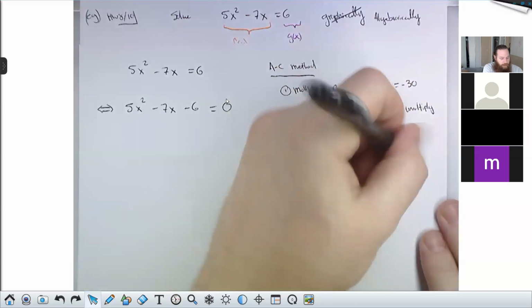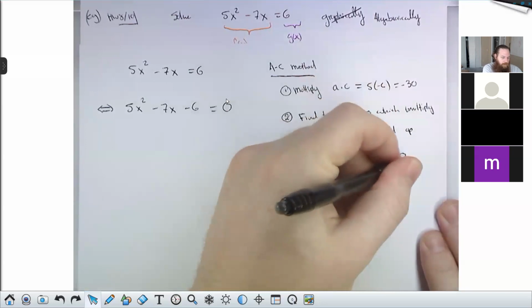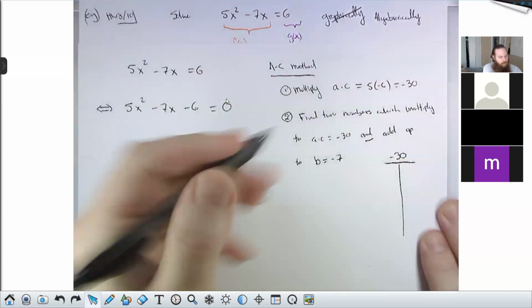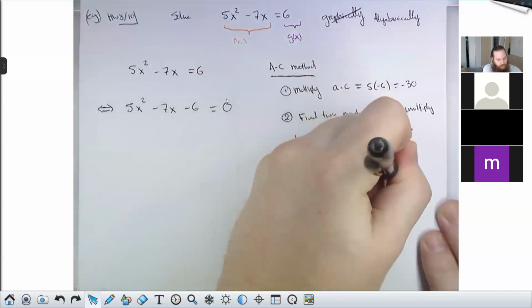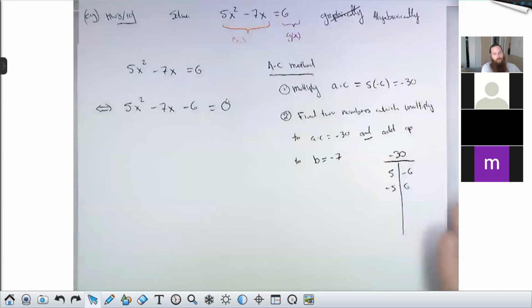So we have to think about divisors of negative 30. What kind of numbers do we have that multiply to negative 30? Options besides, well, you know, 5 and negative 6. Of course, negative 5 and 6 would also work, but those don't add up to negative 7.